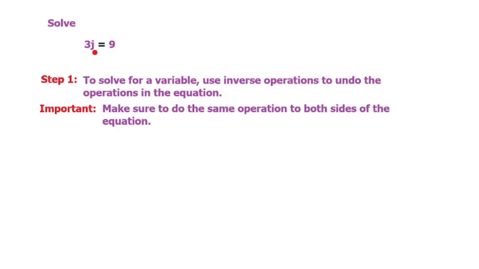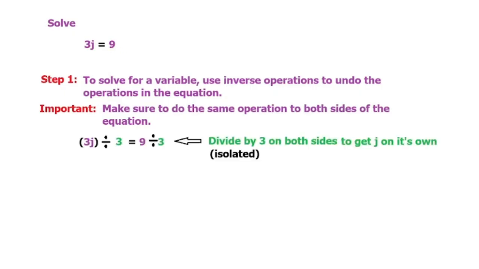The way to get j on its own is to get 3 to cancel with a 3 in the denominator. What's important for these equations is to make sure to do the same operation to both sides of the equation. So if we divide here, we're going to have to divide on this side of the equal sign as well.